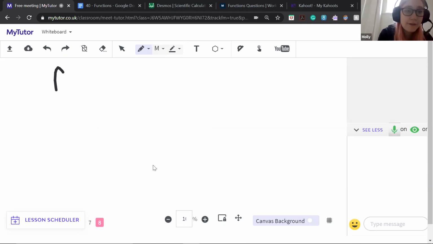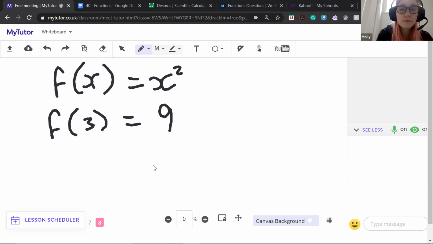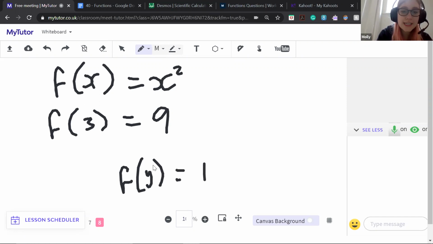If we have a function that pumps out x squared, we can give it something, so f of 3, and know that it was 9. However, what if I told you that f of something, let's call it y, gives us 16? What would you say y is? So this is just doing the inverse. How do we get from the answer back to that?